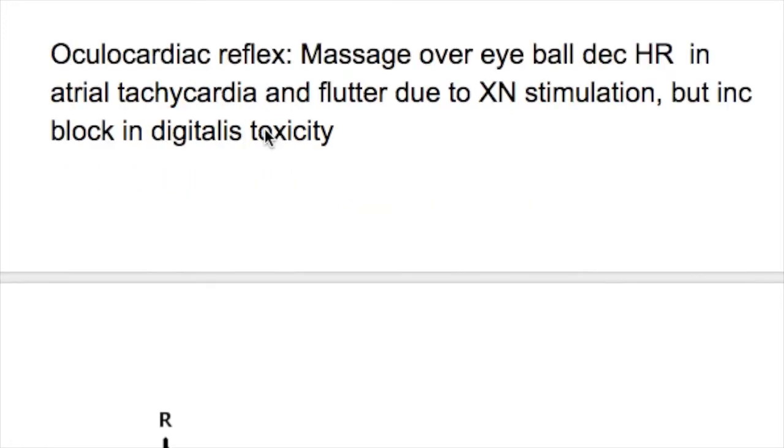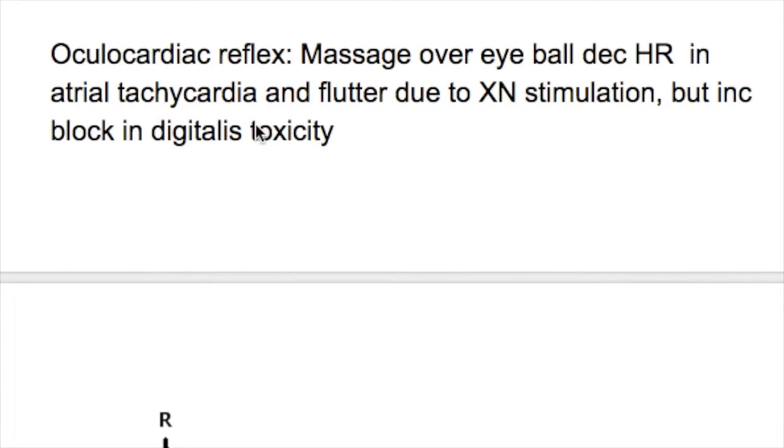What is the oculocardiac reflex? Massage over the eyeball decreases the heart rate. Why? It is due to stimulation of the vagus nerve, the 10th cranial nerve, the parasympathetic nerve, which when stimulated decreases the heart rate.